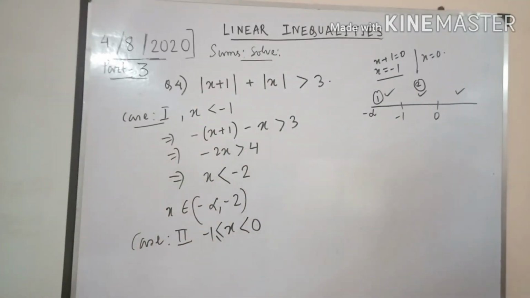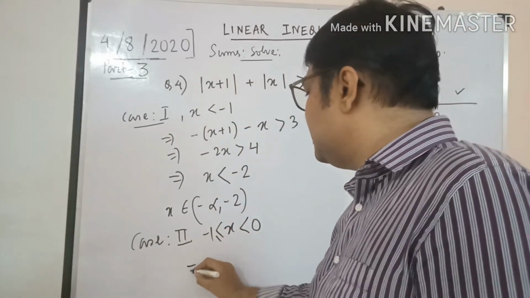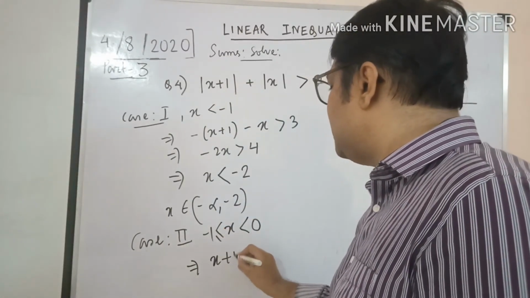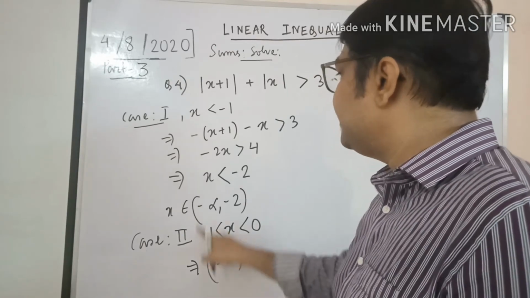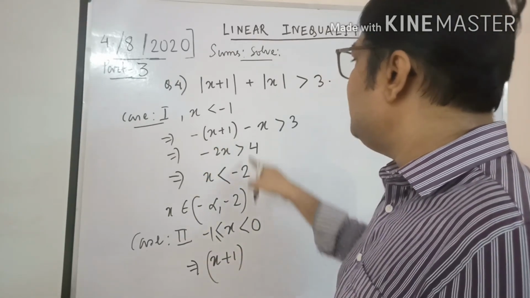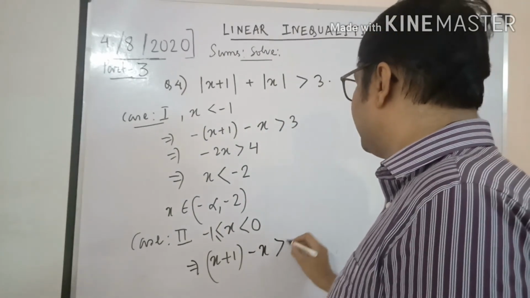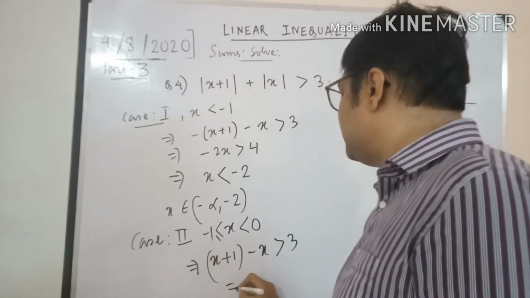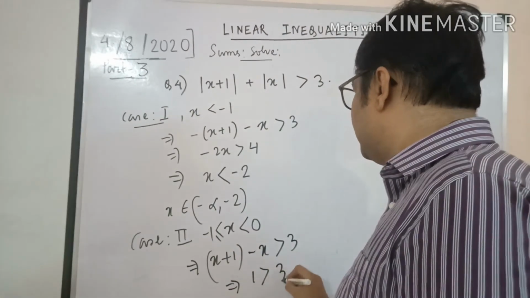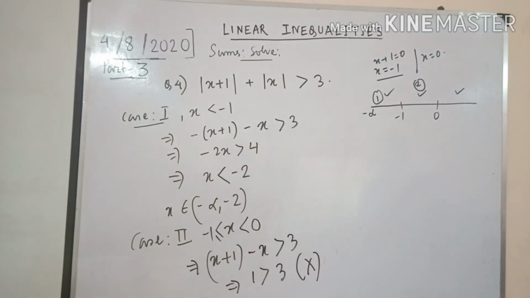If it is equal to or more than minus 1, the first mod turns positive, plus of x plus 1. But the second mod, since it is negative, will be minus x. When you cancel, you get 1 greater than 3. That means this kind of solution does not exist. From here we don't get any feasible solution.